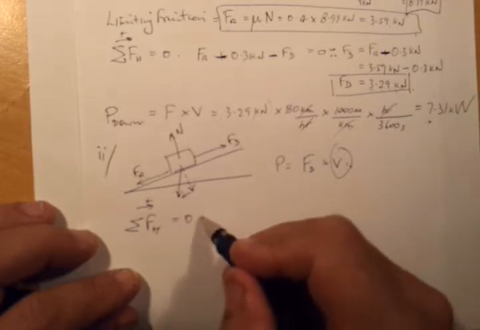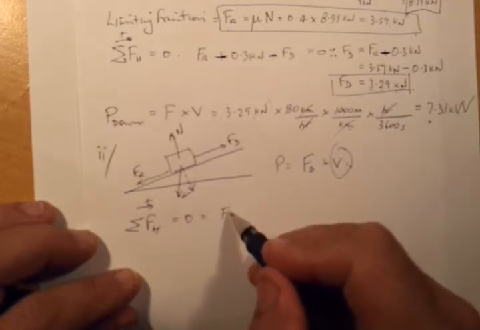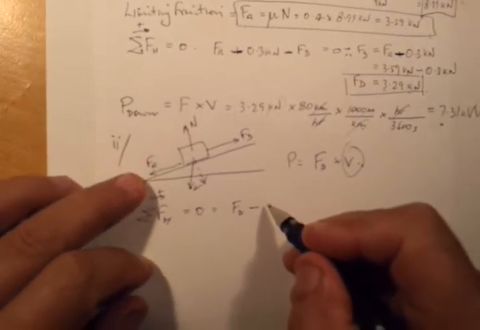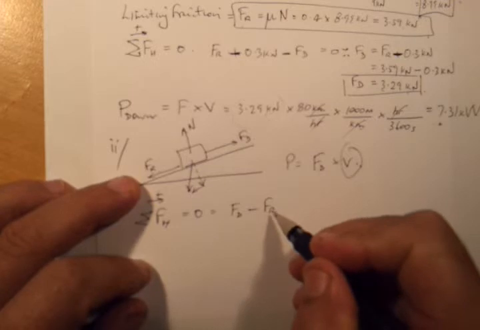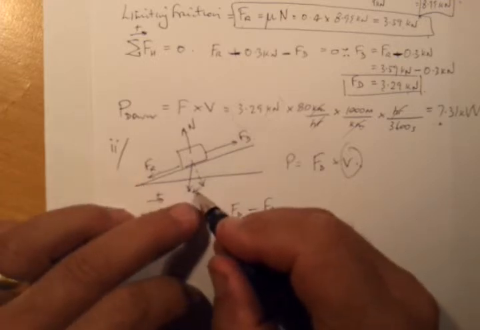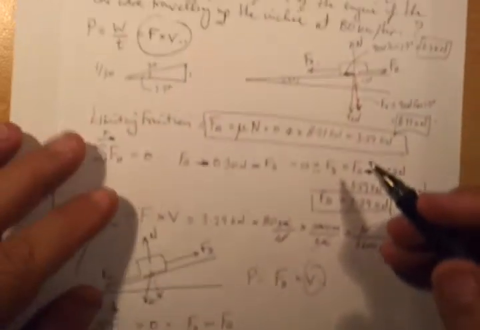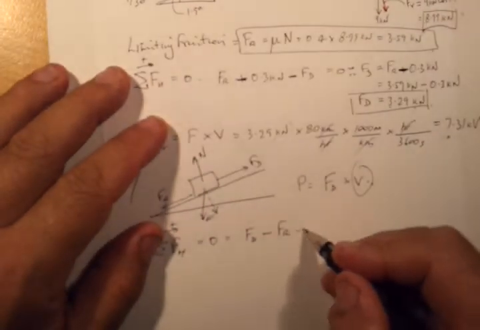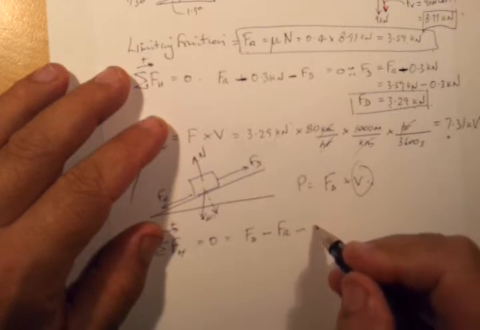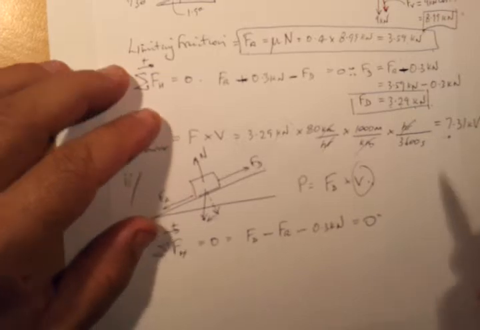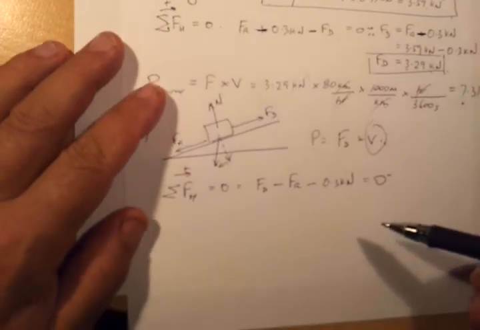So that translates down to force going upwards minus the frictional, because it's going in the opposite direction, minus this weight component of the force, which we already know, we've calculated it up here, it's 0.3 kilonewtons, equals 0. Because, yeah, it makes sense.